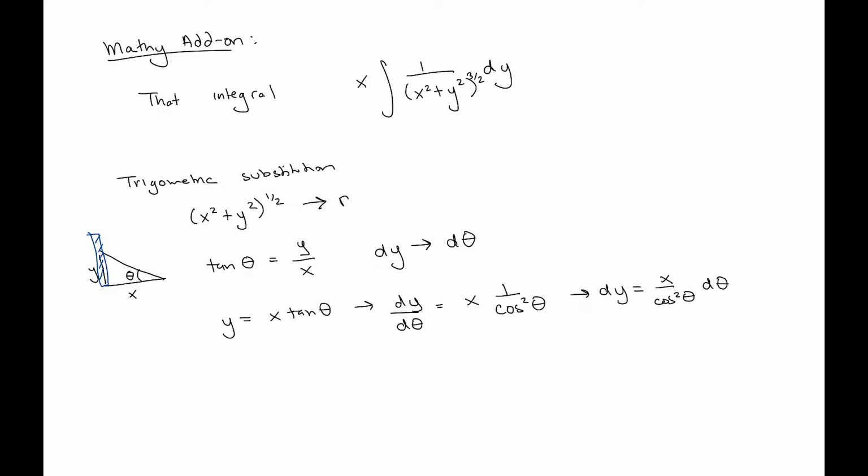So now I need to also get the rest of my integral in terms of either r or theta. I'm going to start with this part here. I've got x squared plus y squared to the 3/2. If I factor out the x, then I get that value there.